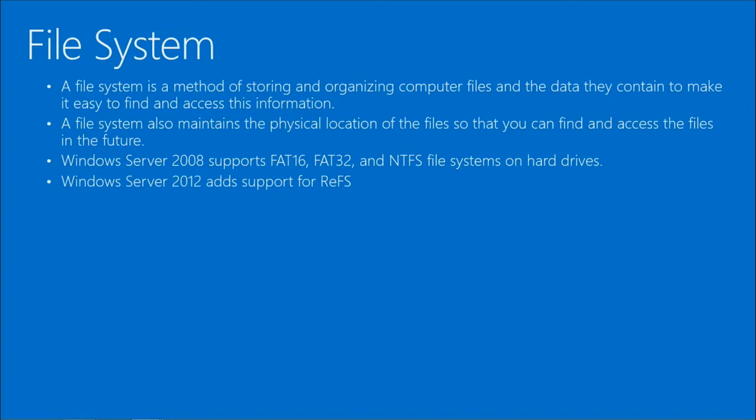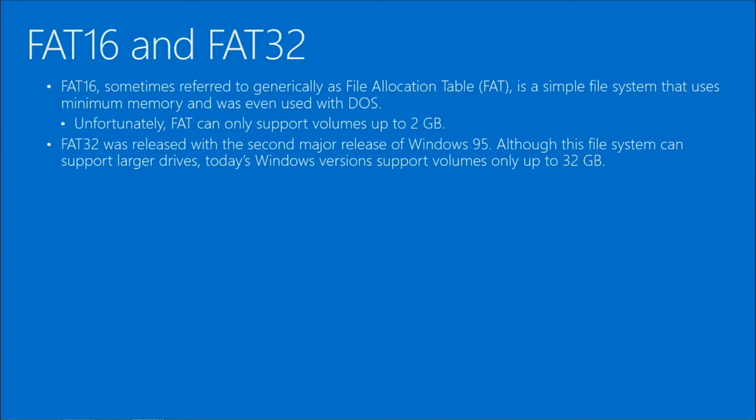2008 supports FAT16, FAT32, and NTFS. And then 2012 added support for ReFS. Fancy indeed. FAT16 was originally called FAT, File Allocation Table, and came out with DOS. It only supported up to 2 gigs.